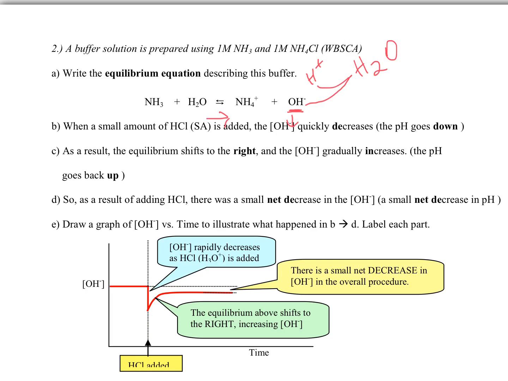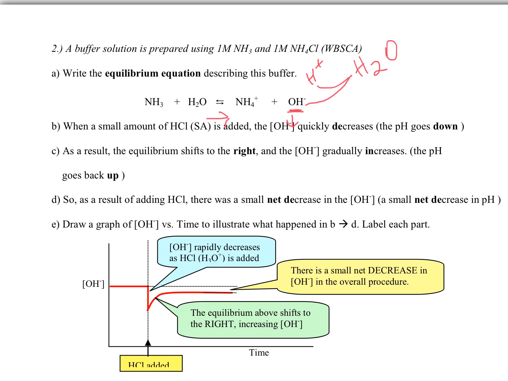This, of course, uses up some of this hydroxide concentration, but because this is in a buffer and it's in an equilibrium system, it's able to shift to compensate, trying to reproduce some more hydroxide. By shifting to the right, more of this reaction occurs, producing more of this.